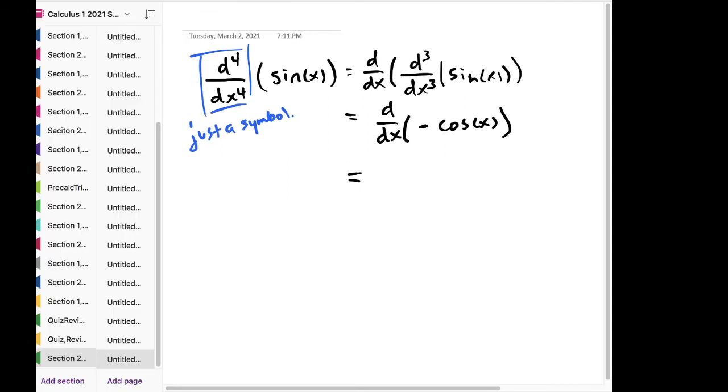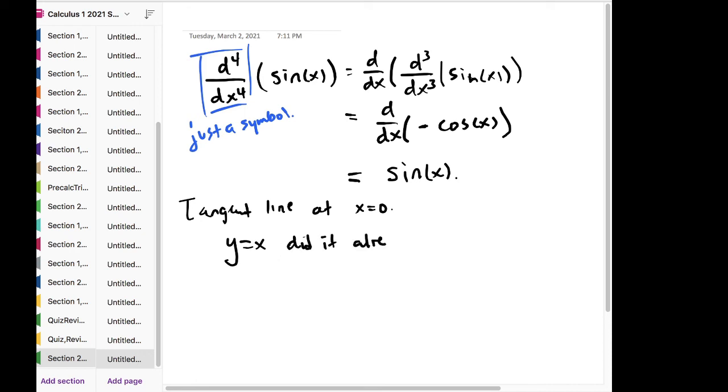Good, positive sine. Okay. Tangent line at x equals 0. Wait a minute, didn't we do this one already? Did it already. Okay.